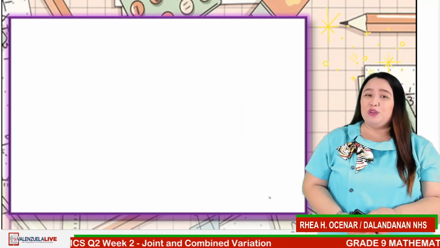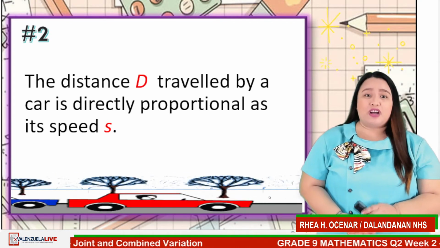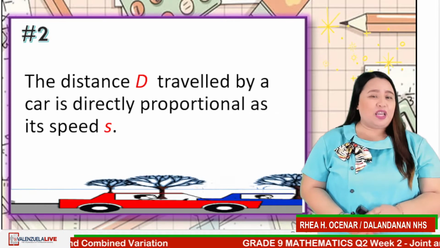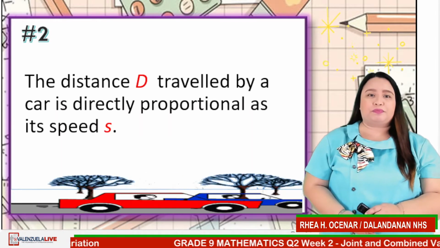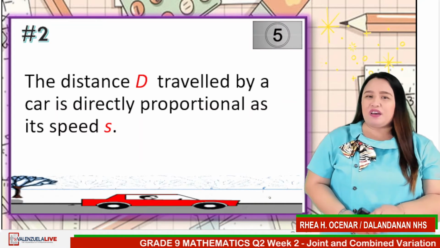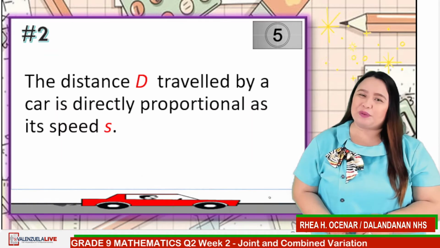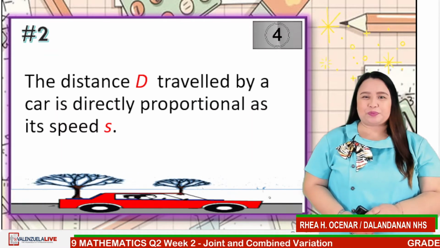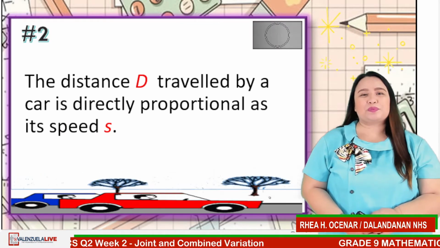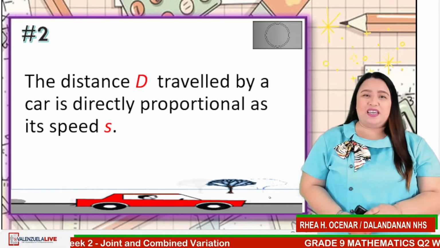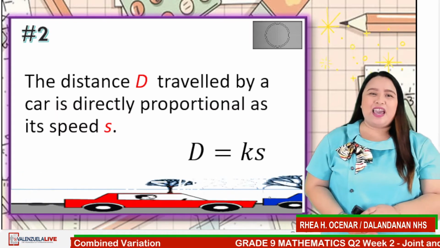Statement number 2. The distance D traveled by a car is directly proportional as its speed S. 5 seconds to answer. Timer starts now. The correct answer is D is equal to KS.